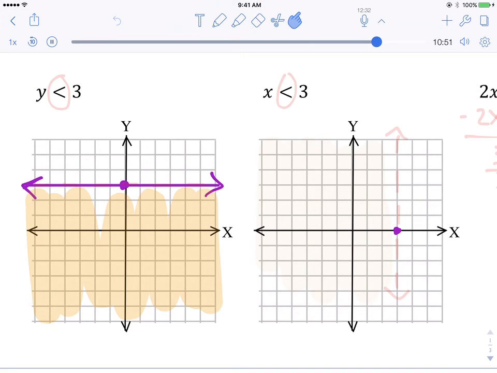Actually, sorry, because this is a less than symbol, this should have been a dotted line. My apologies. So x is 3. Again, there is no equal sign, so we're going to use a dotted line. And then x is less than 3, so we're going to be shading to the right.